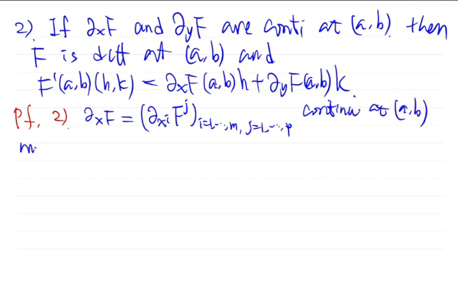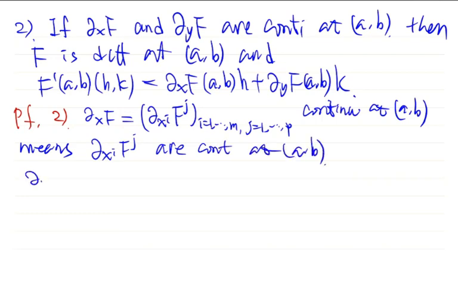This means all these partial derivative functions of the components are continuous at (a, b), and also the partial derivative with respect to y is the matrix ∂y_i F_j, i from 1 to n, j from 1 to p.